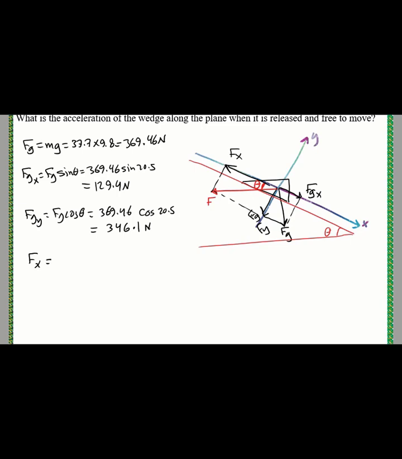Fx is adjacent to the angle, so it is F cosine theta, and F is 301.3 cosine 20.5.